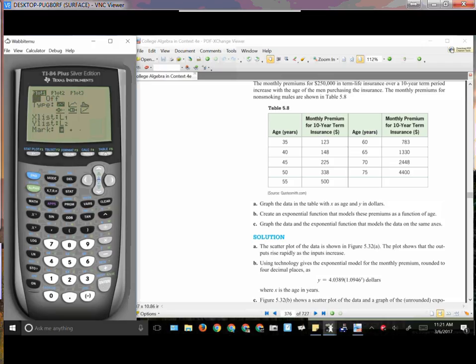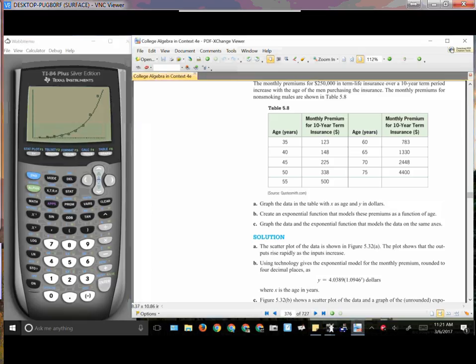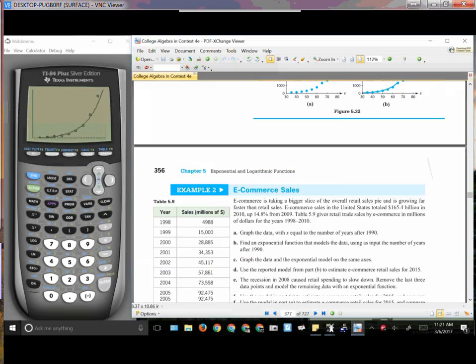And now when we hit graph, we'll have our plots there, and the equation will be transferred over right away. So we see that the equation fits fairly well. There we go. We've got them both graphed on the same.